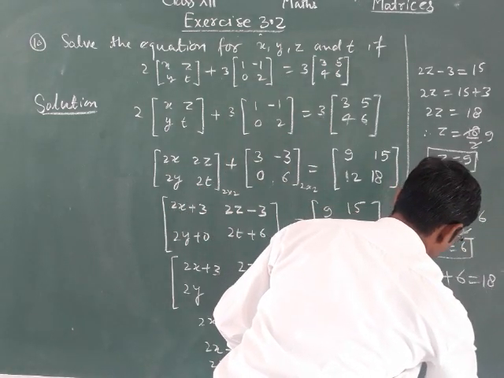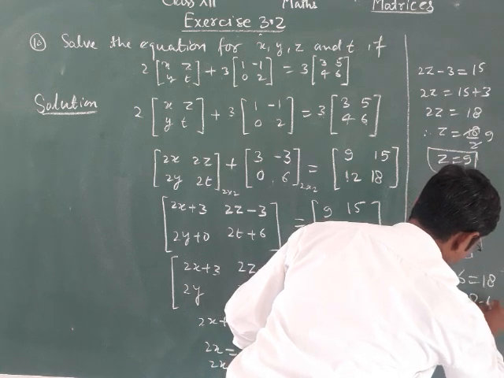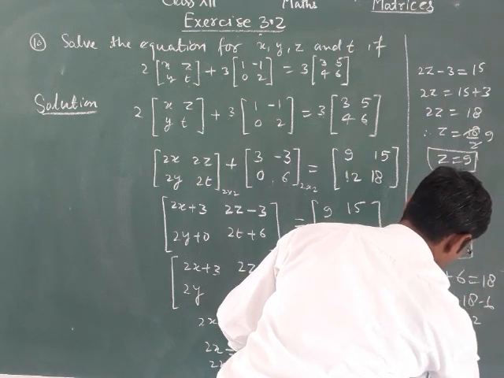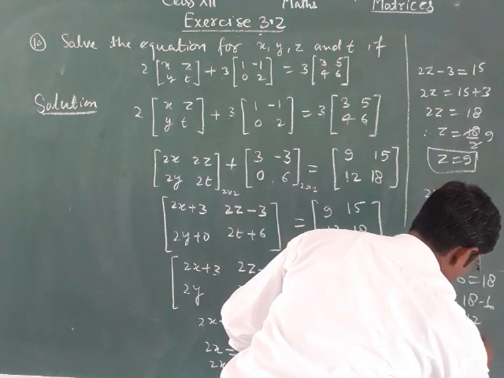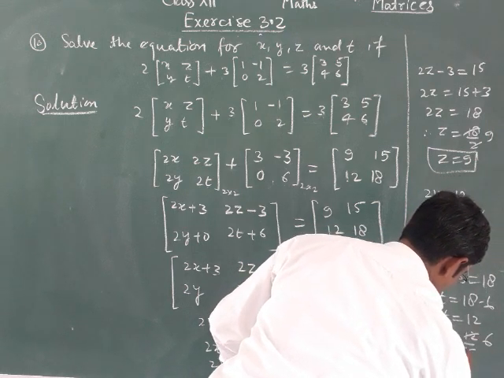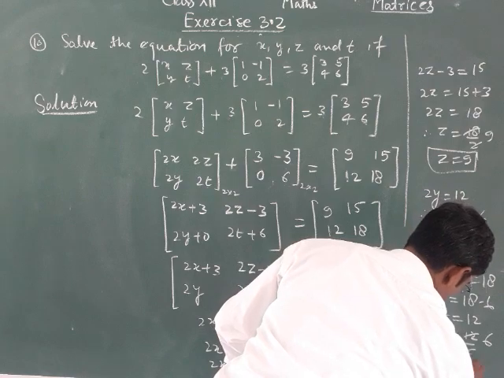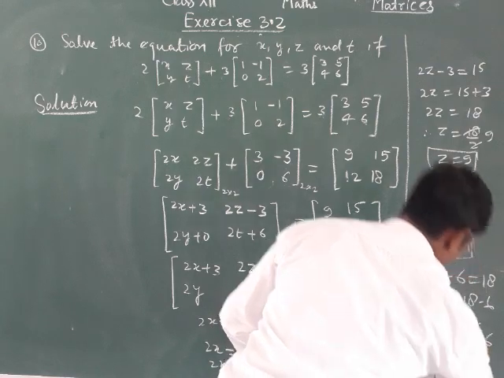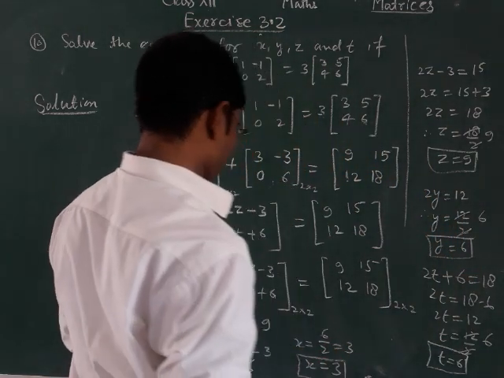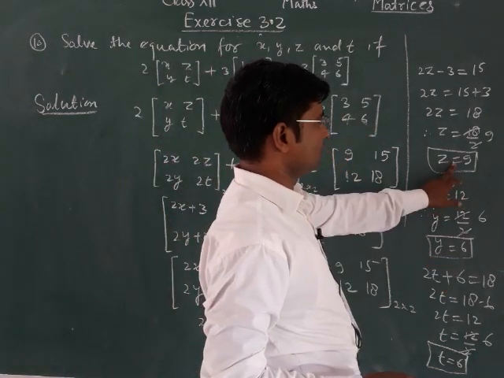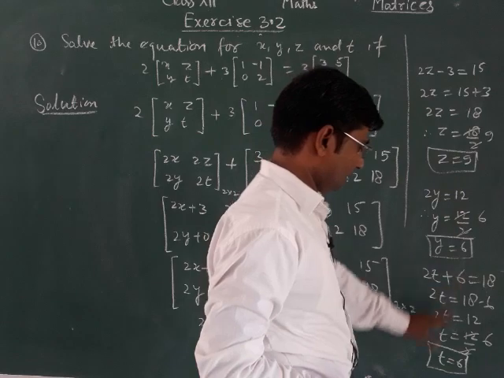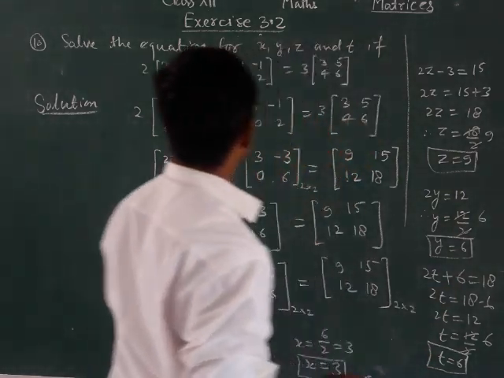So 2t is equal to 18 minus 6, which is 12. T is equal to 12 upon 2, which is 6. So t is equal to 6. So x is equal to 3, y is equal to 6, z is equal to 9 and t is equal to 6.